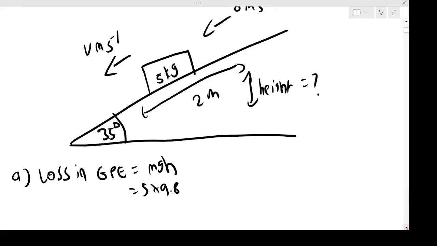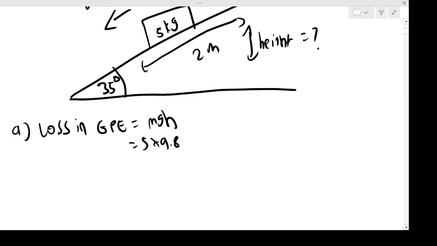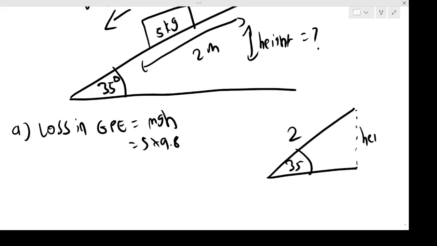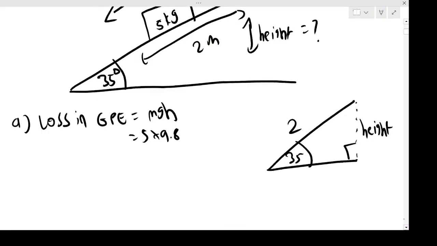Well, we can look at this triangle here. If it's 2 meters down the slope at the angle 35, and we want this vertical height, we get a right-angled triangle, so it's SOHCAHTOA. The height is the opposite side, so the height h is going to be 2 times sine 35.